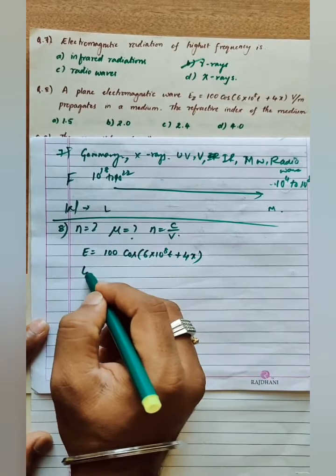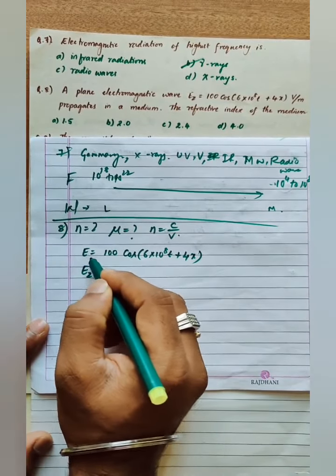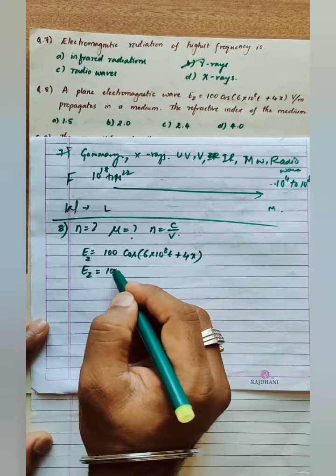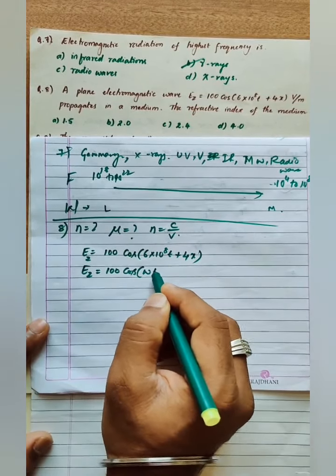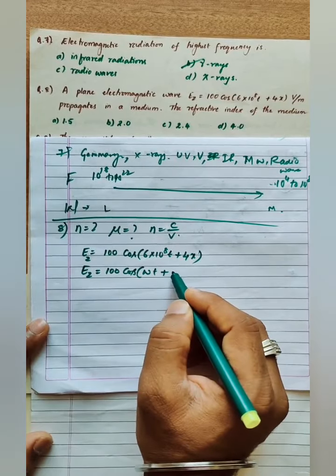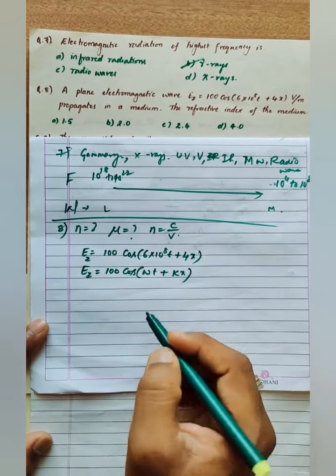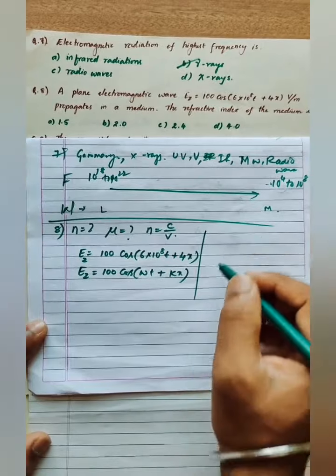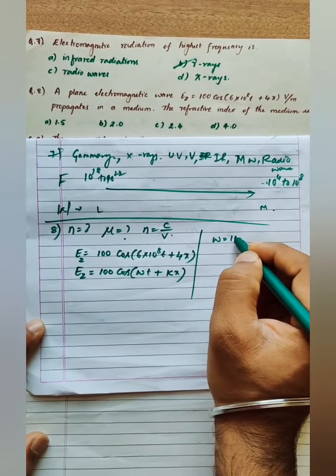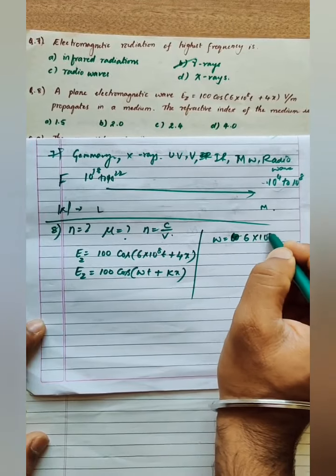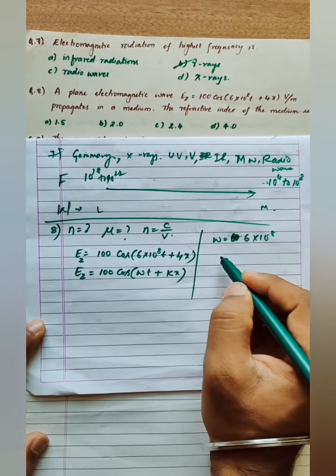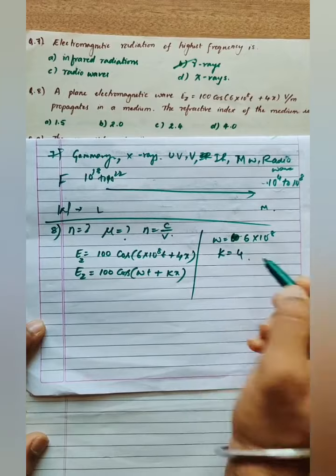So this can be compared with 100 cos (omega t plus kx), correct. So you can make a note, omega is equal to 6 into 10 power 8 and k is equal to 4.